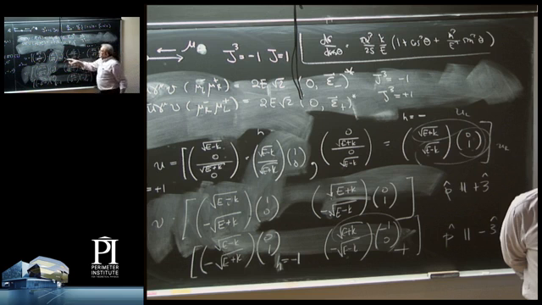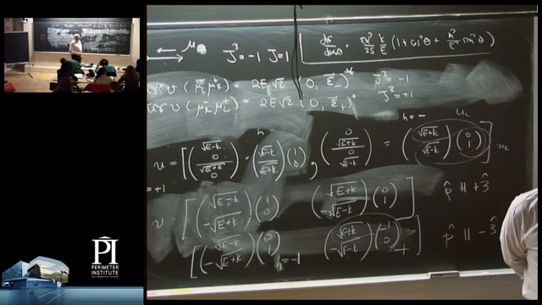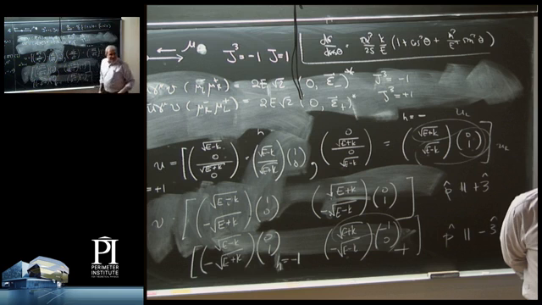Now, in that diagram, the antiparticle is moving in the minus 3 direction, which means I have to take the spinor and rotate it by 180 degrees. Okay? If you do that, this guy rotates into that guy, but this guy rotates into that guy with a minus sign, because that's the way spin half works. When you rotate by 360 degrees, you get a minus sign. So it's actually all right.